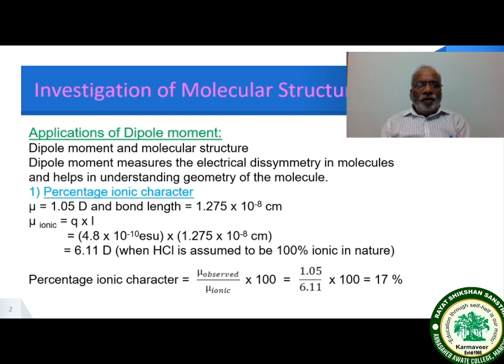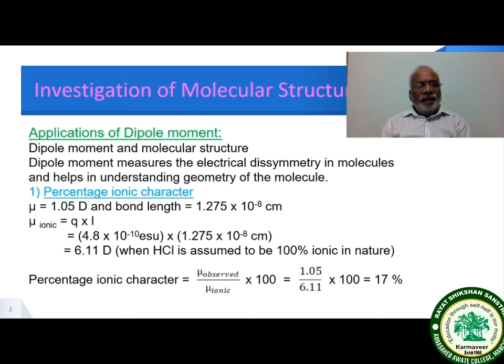And simple product of these two numbers gives us the value 6.11 into 10 to minus 18 ESU centimeter. It means 6.11 Debye.